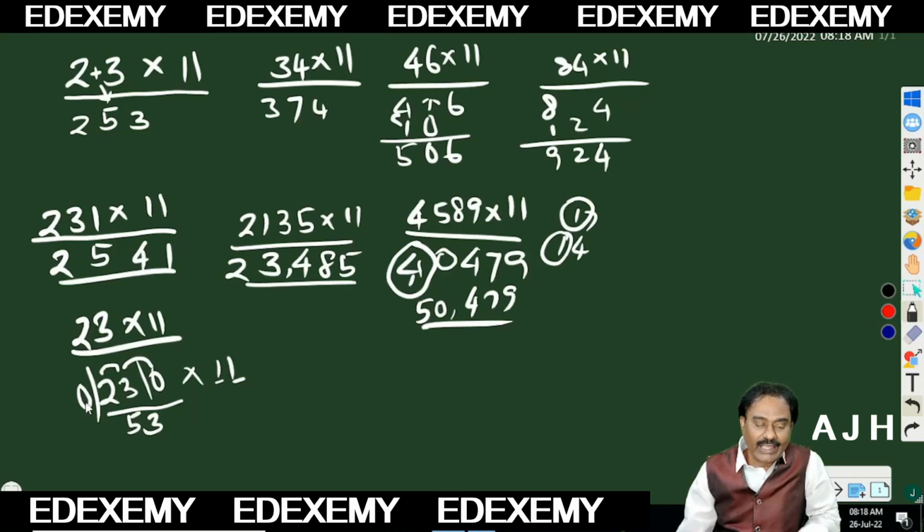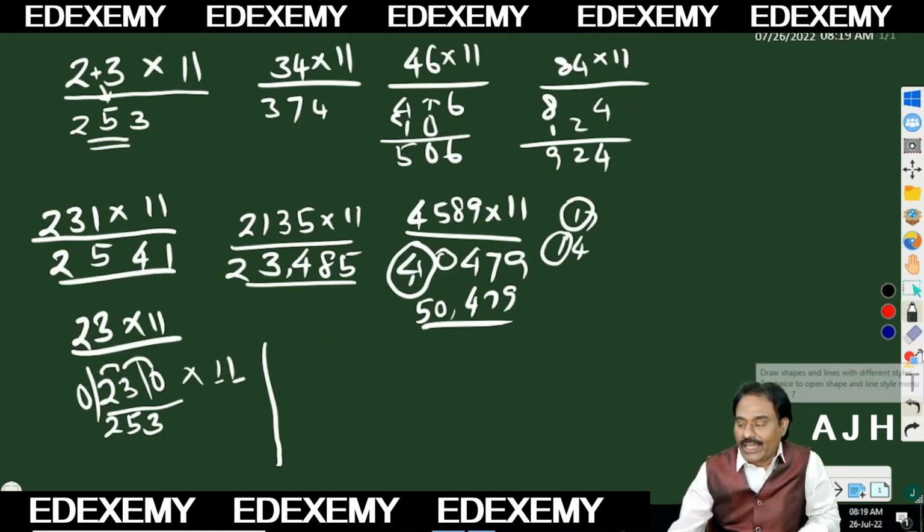Here 2 and 3 both will be multiplied by 1 and they both will be added. So 2 into 1 is 2, 3 into 1 is 3. Added, this is 5. And the last one, 0 and 2, similarly 2 will come. So the answer is 253.